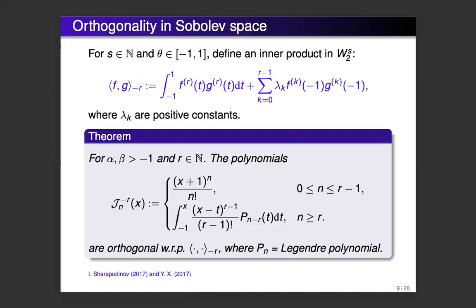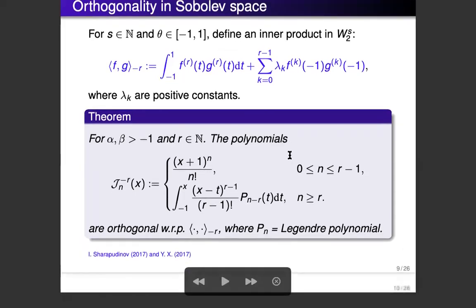Well, this is what we call orthogonality in Sobolev space. We have singularities at -1 and 1, so why don't we simply define the inner product by taking the integral over derivatives, the r-th derivative of f and g, dt, and then add a bunch of endpoint terms, k from 0 to r minus 1, lambda k, derivatives at -1. -1 being one side, you could replace -1 by 1; that would be the same type of thing.